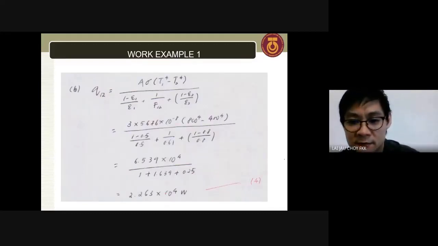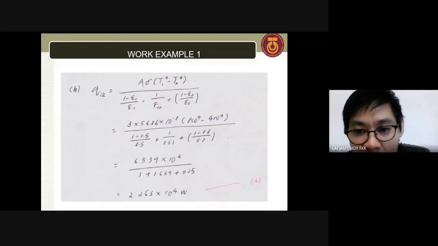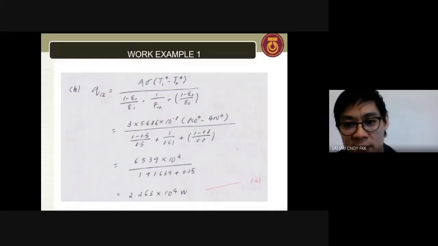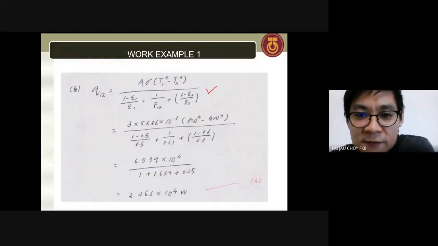Okay, so this is my solution. Amino, maybe you can compare my solution with yours. Actually it's a straightforward solution. We use this formula, a formula for two gray surfaces. Epsilon 1, epsilon 2 are all given. T1, T2 are all given.